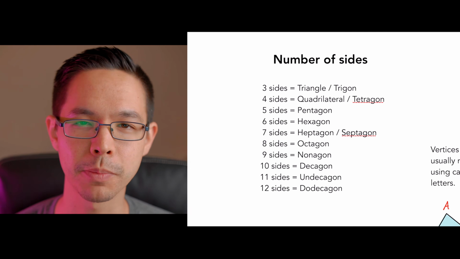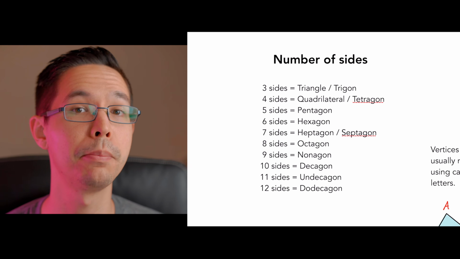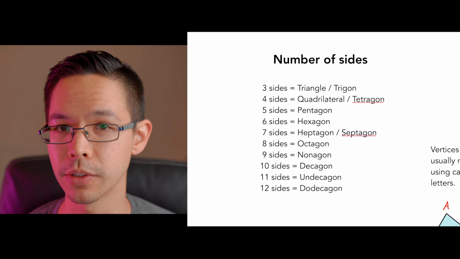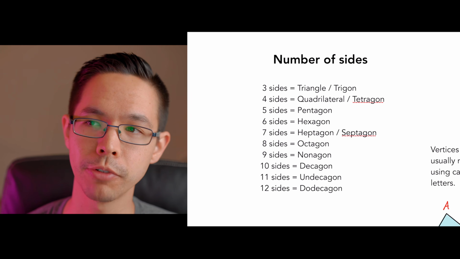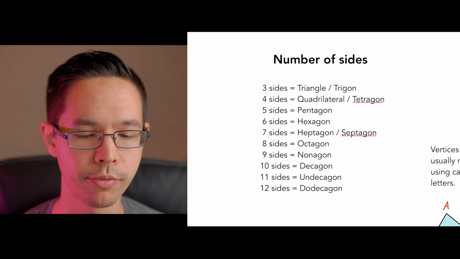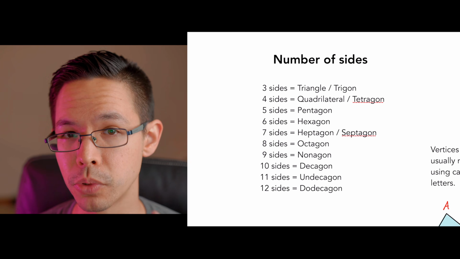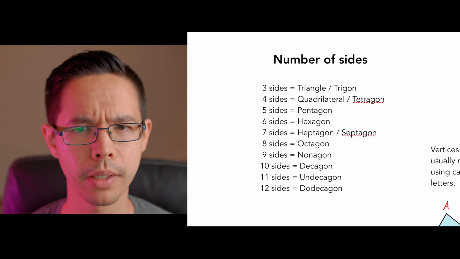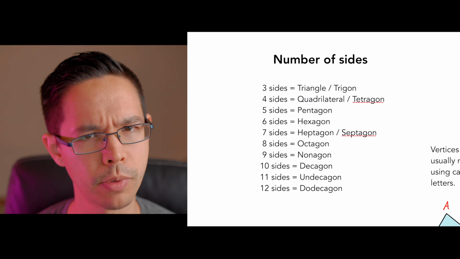All right, let's go to the next one. Of course, the most basic, we can classify them by the number of sides that these shapes have. The smallest polygon shape we can get is a triangle. That means 3 sides. If we get 4 sides, well, here's where we might have to expand upon our definition. Quadrilateral is the broad word for all shapes with 4 sides. Now you might be going, well, what about rectangles? Can't we use rectangles?